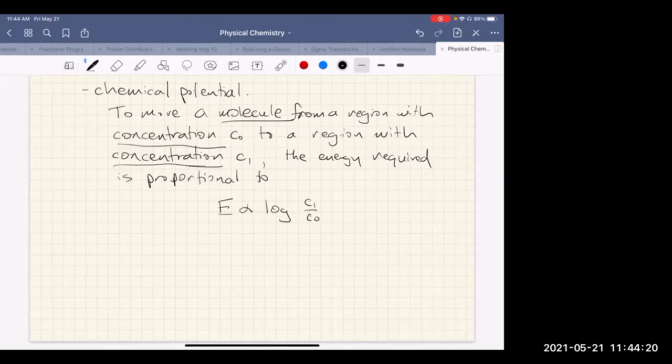So if you do n moves, and assuming that those n moves don't change the concentrations very much, then the energy required to create the reservoir is again linear in the number of molecules.